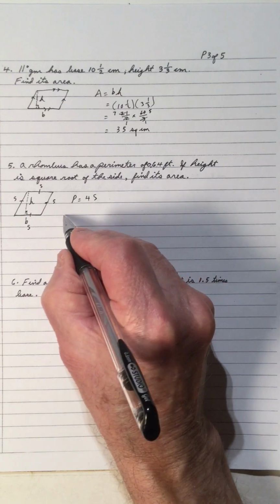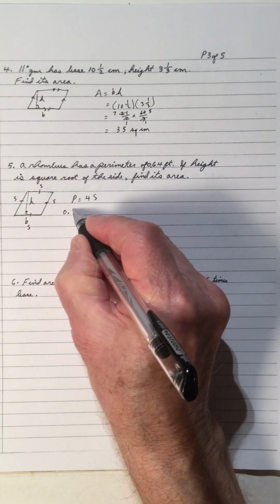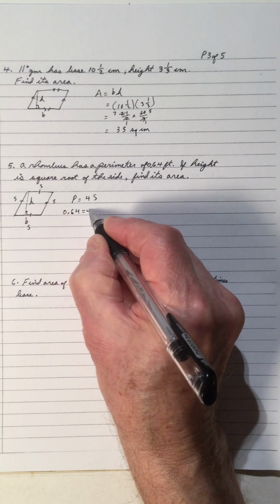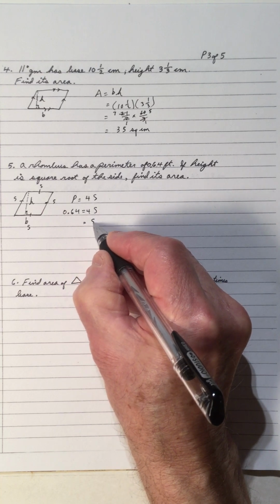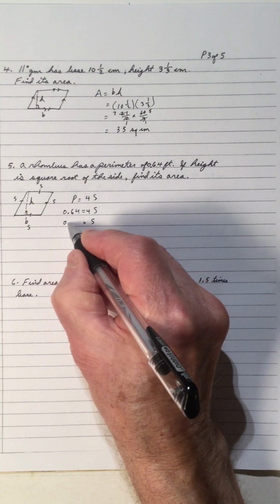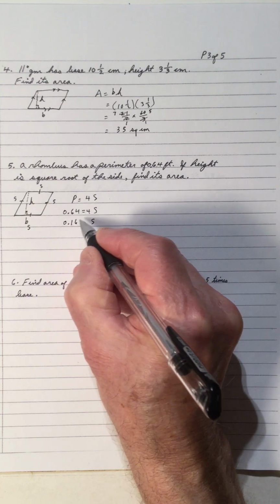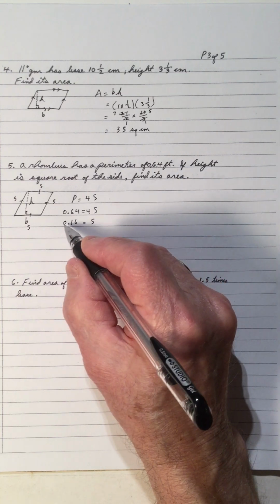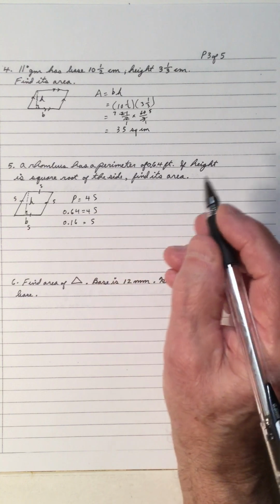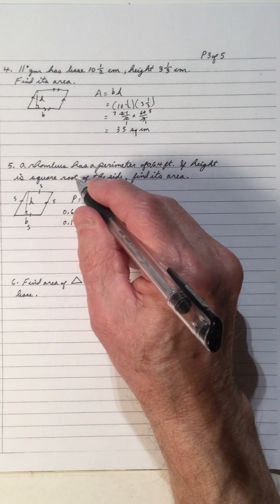So the perimeter is 0.64. If you divide by 4, s is equal to 4 into 0.64, which is 0.16. So the side is 0.16. And it says the height is the square root of the side.